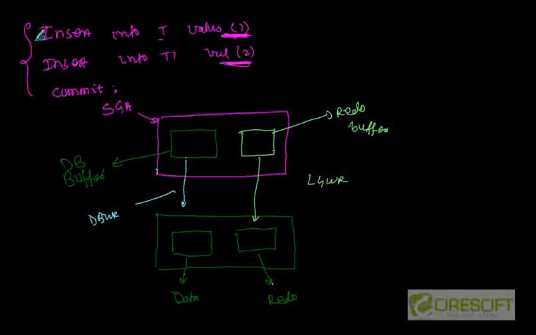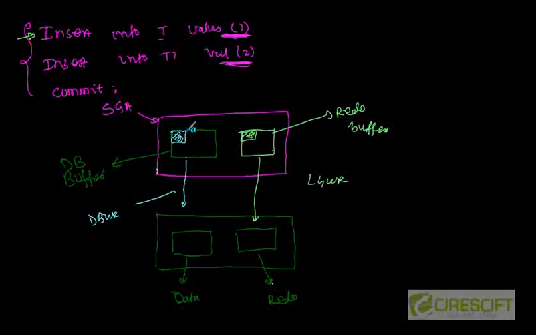Whenever we do insert into T values 1, the first thing that happens is that this buffer becomes dirty, and the value is written here. At the same time, in the redo buffer, we store the information needed to redo this change again. After that we do the second statement, insert into T1 value 2.